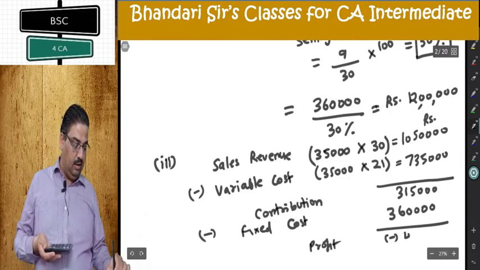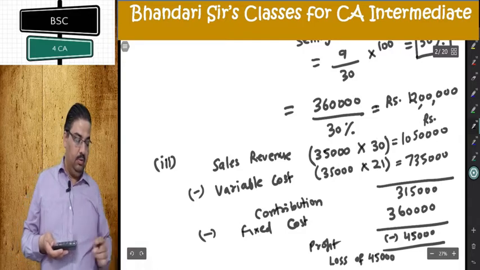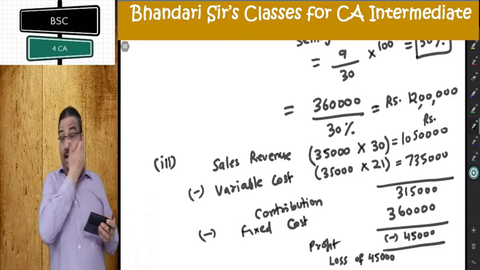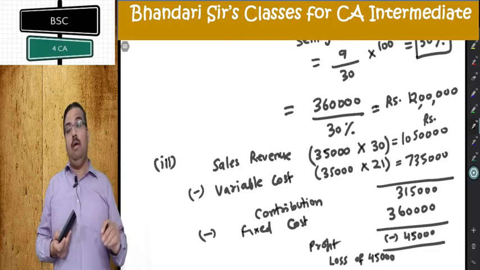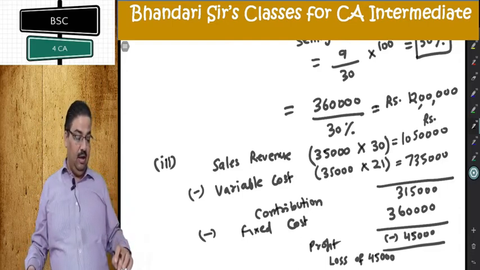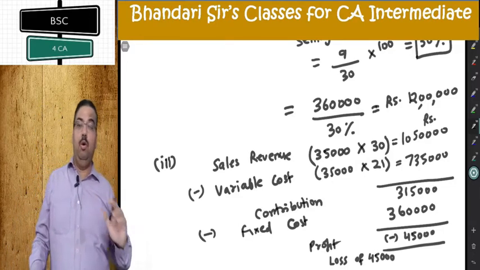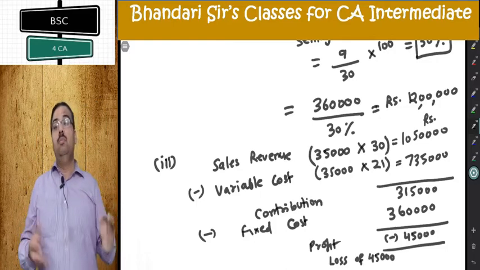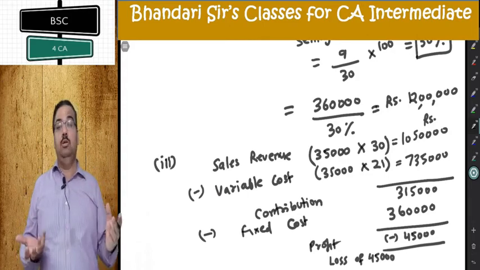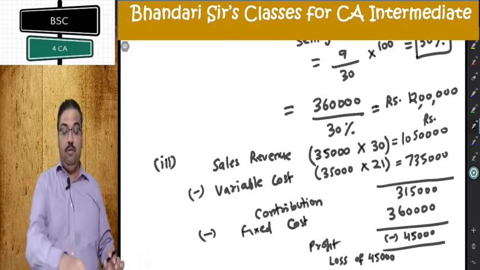Profit is minus 45,000, or I can say loss of 45,000. So certainly, when your break-even point is at 40,000 units, at 35,000 units, you are going to have the loss only. That is being indicated here. 45,000 is the loss. So, a very simple concept to follow. Income statement will show profit if you make and sell more than break-even point units, means more than 40,000 units. Less than 40,000 units, there is going to be a loss, which is what we have computed at 45,000.